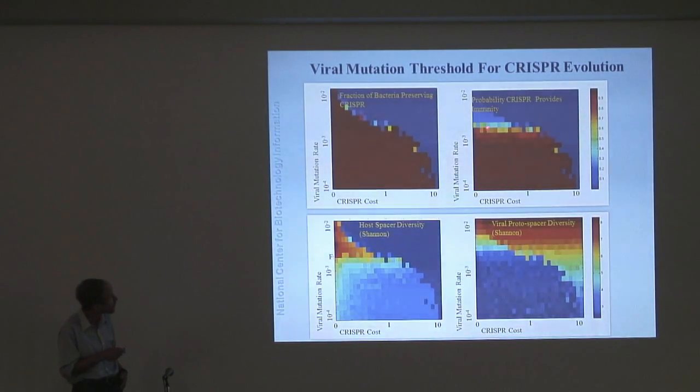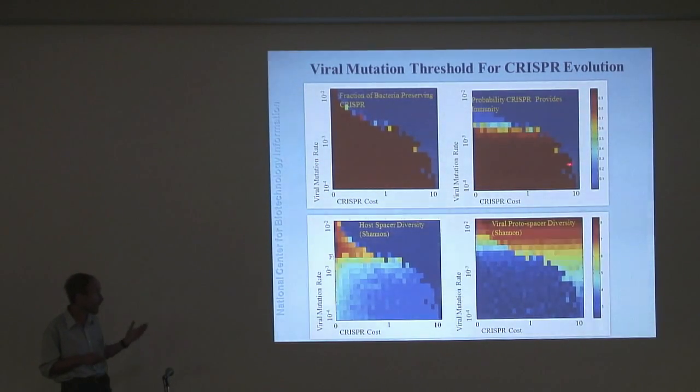Although we do have some intermediate probabilities here, the key result is that at a high virus mutation rate, the virus overwhelms the system, more or less no matter what. You cannot provide immunity with this sensor system.